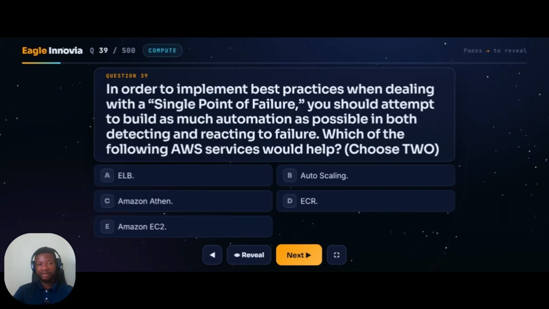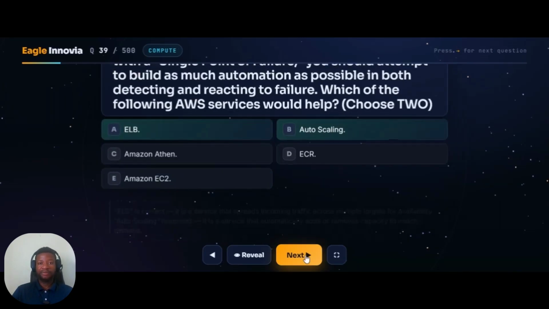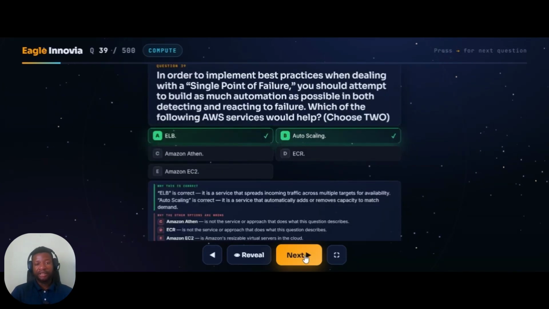D. ECM. E. EC2. The correct answers are ELB and Auto Scaling. ELB is a service that distributes incoming traffic across multiple nodes for availability, while Auto Scaling is a service that automatically adds or removes capacity. It responds according to the demand.